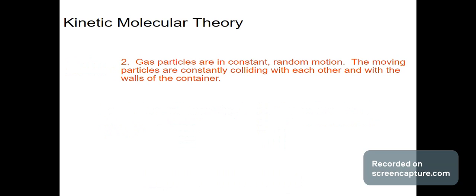Also, gas particles have constant random motion and are consistently colliding with each other and with the walls of the container. That's something we realized before about how that creates a scattering and how energy is released, and how things are part of what we consider to be chemical reactions.